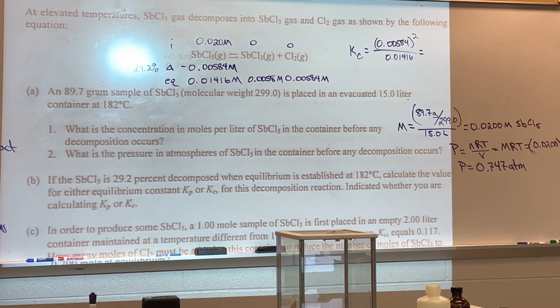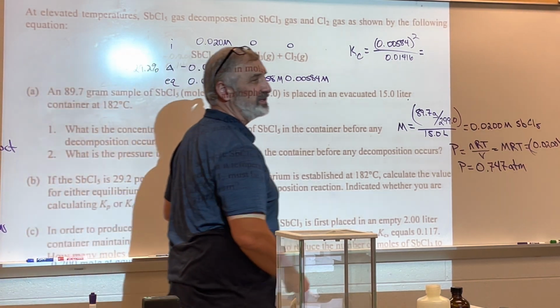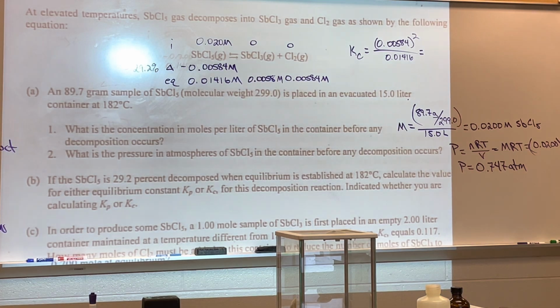Can you not do this? I can do it on a calculator. I got 2.4 times 10 to the negative 3. Okay, here's the keys. Okay, it is this very last key.